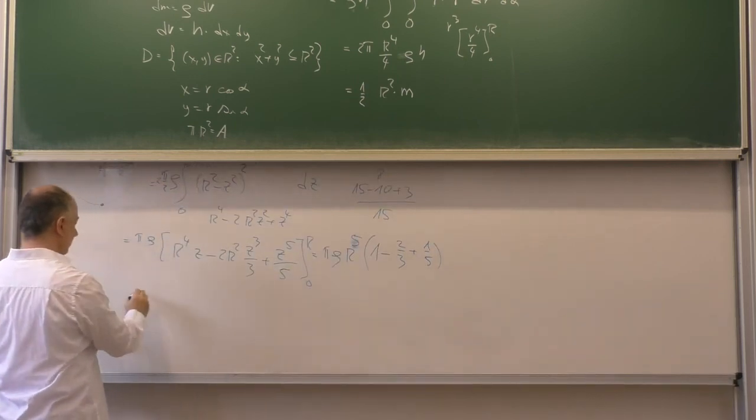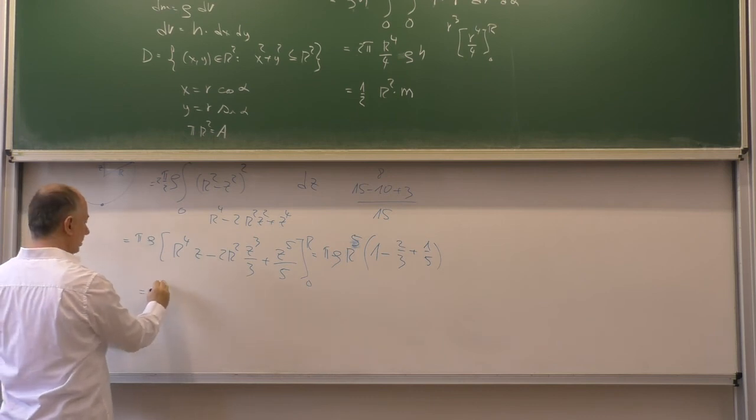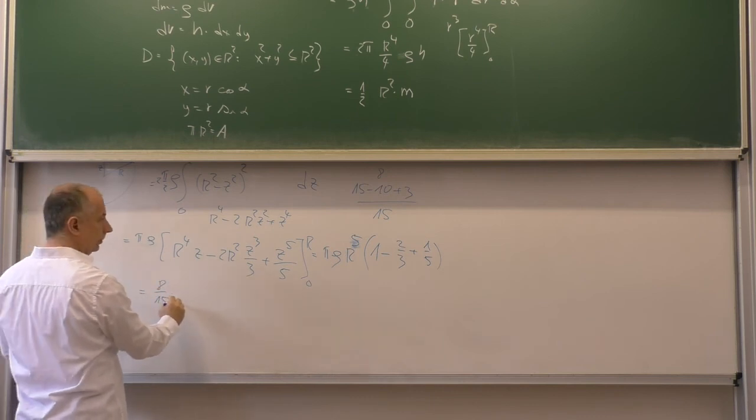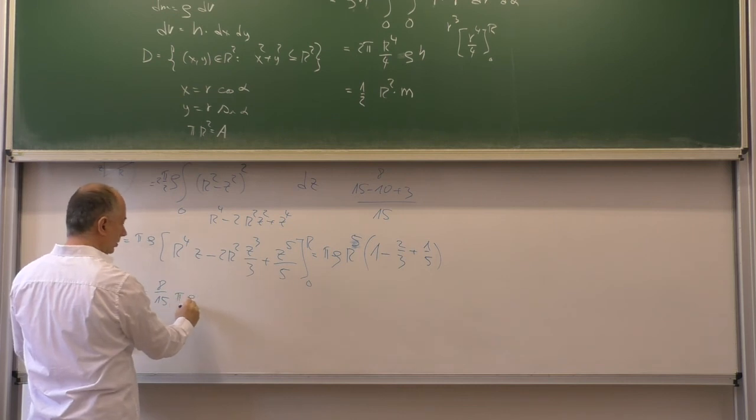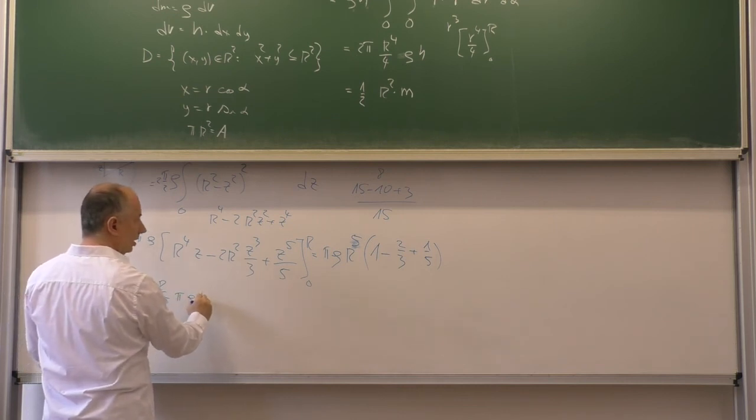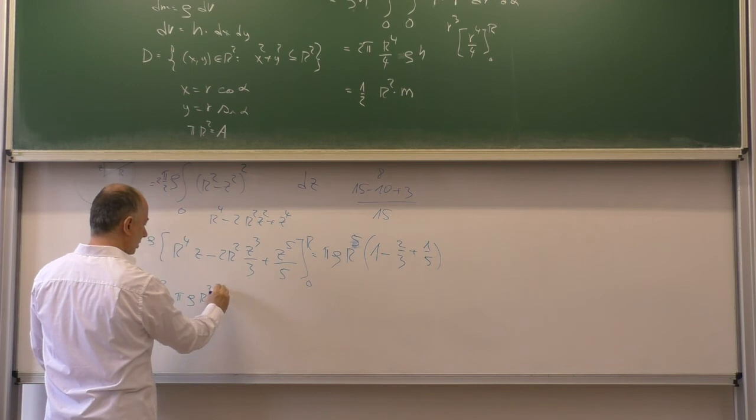So we have 8 over 15 pi rho R squared times R cubed.